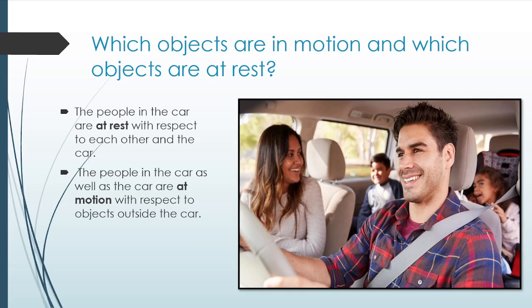Alternatively, the objects outside the car might seem to be in motion with respect to the people in the car. You might have experienced, while traveling in a train, getting confused whether the train next to you is actually moving or whether it is your train that is in motion.